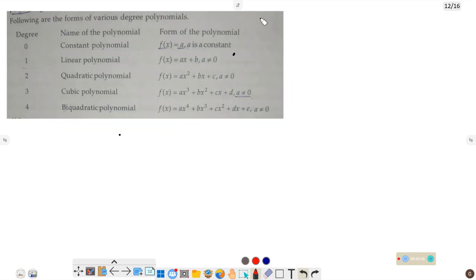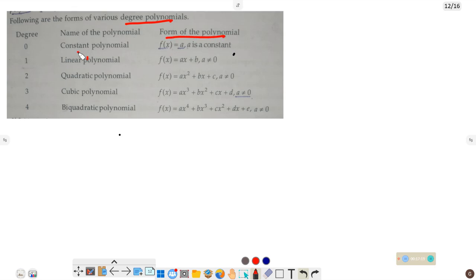There are some examples of polynomials and their degrees. Following are the forms of various polynomials, their degrees, and names.